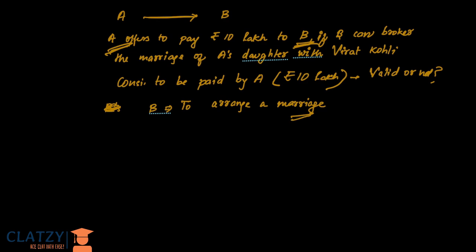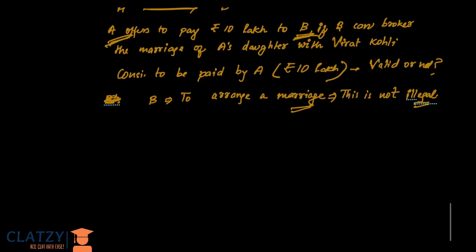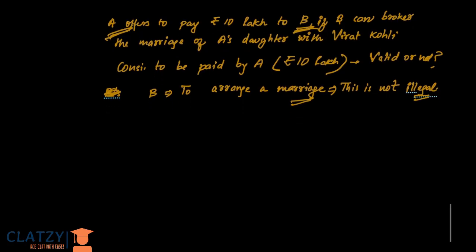That is why you have so many websites in India, shadi.com and jeevansathi.com and all. So arranging somebody's marriage is not illegal. So can we say that this is a valid consideration?